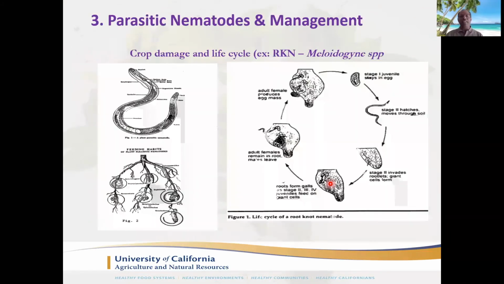So the other ones are parasitic nematodes. Those are actually microscopic organisms. They are neither insects nor pathogens. They are nema in the animal classification, okay? They have life cycles. They can go into the roots of the plant, as you can see in here, and then they lay eggs on the surface of the roots.